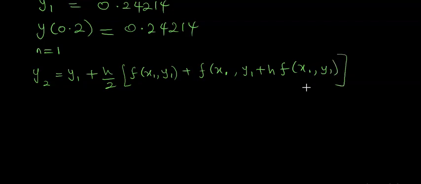So that's what we have. And I think there's another bracket. Yes. So already we have y1, the one we just calculated, so now we can simply substitute that into that.